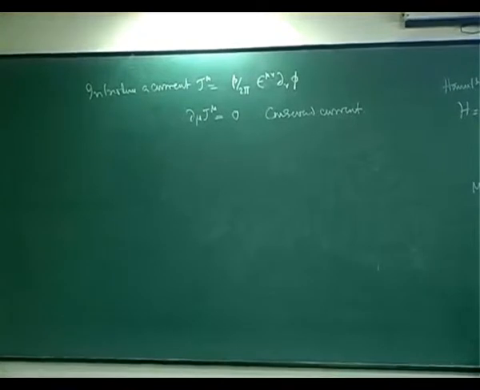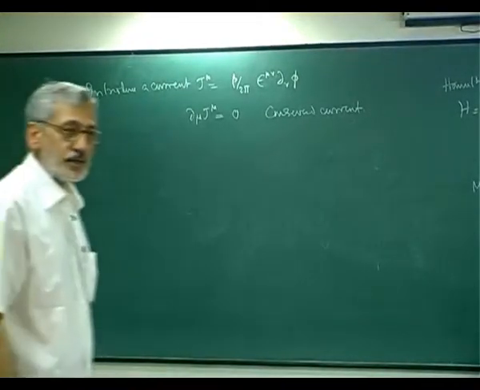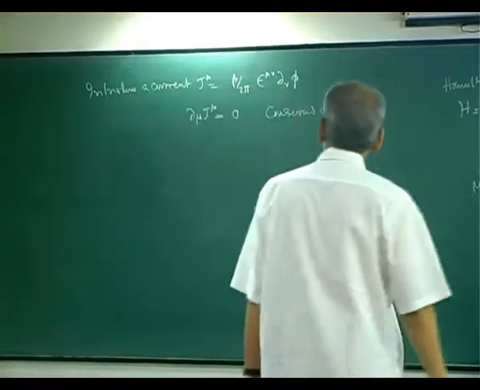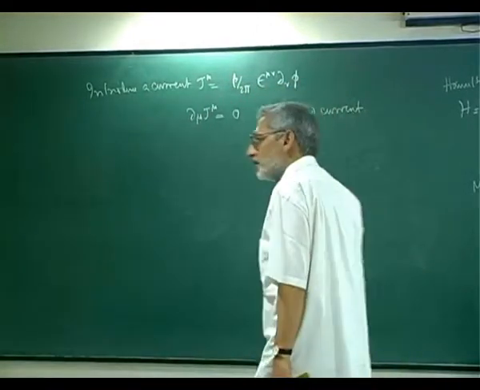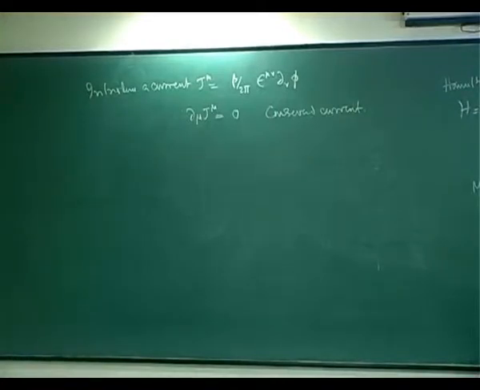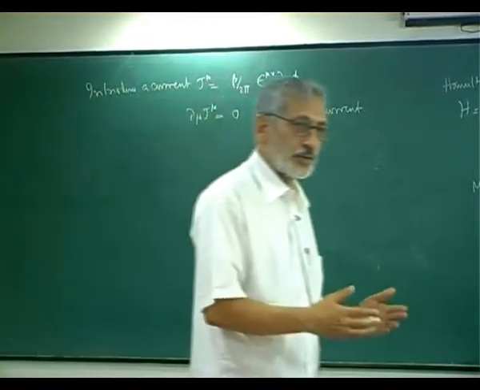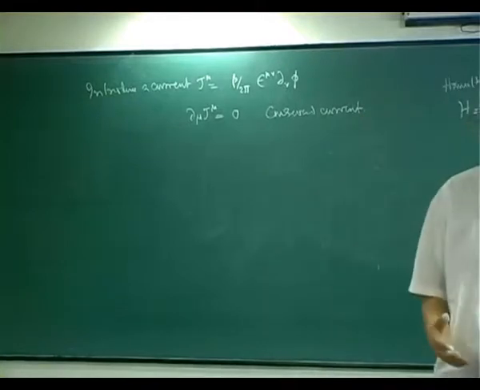But what's nice is that we know objects whose divergences are 0, which we call currents, from Noether's prescription of finding conserved currents associated with symmetries.